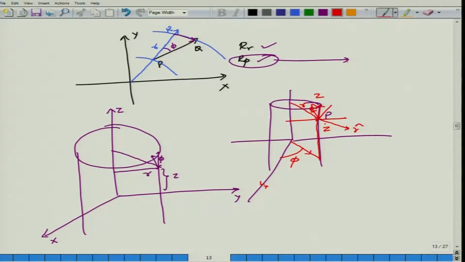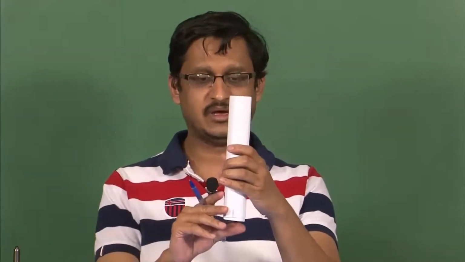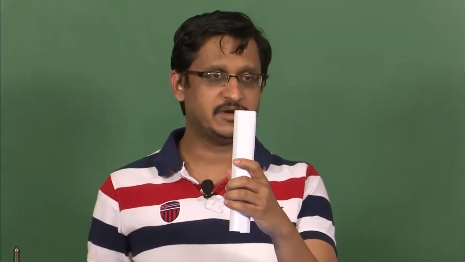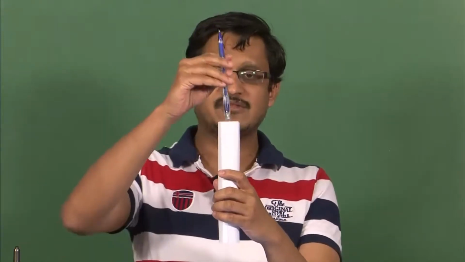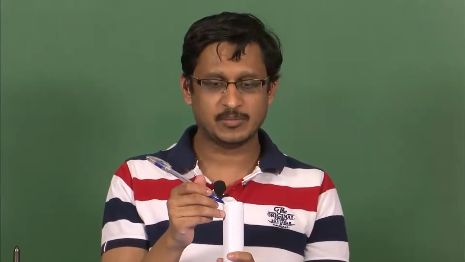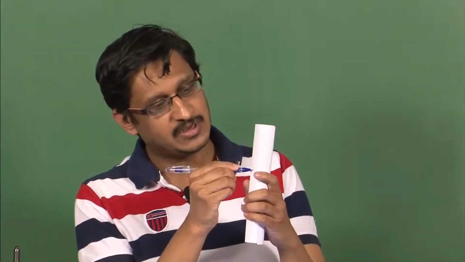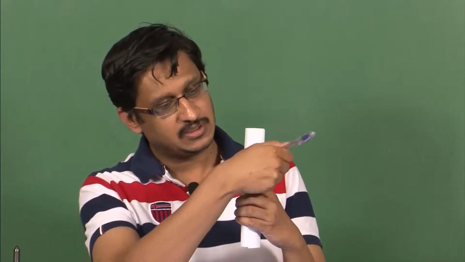Maybe a slightly better way to illustrate that entire thing is to look at this cylinder over here. I have this cylinder which represents a constant radius r, and this axis will be the z axis. Any point on the cylinder, you can look at from the top or from this point. Let us arbitrarily say this particular circle is located on the x and y plane.